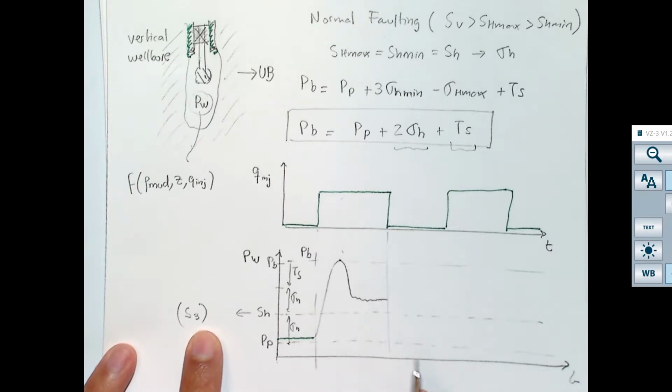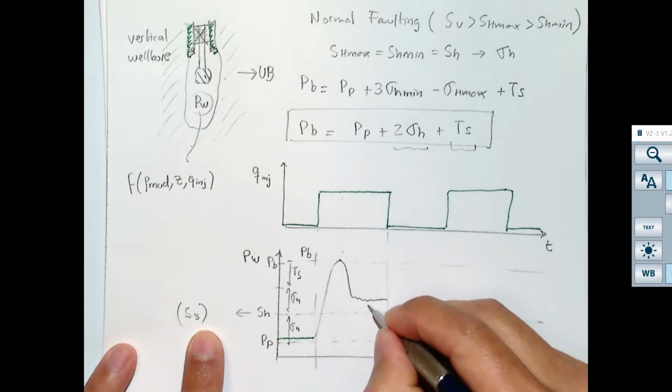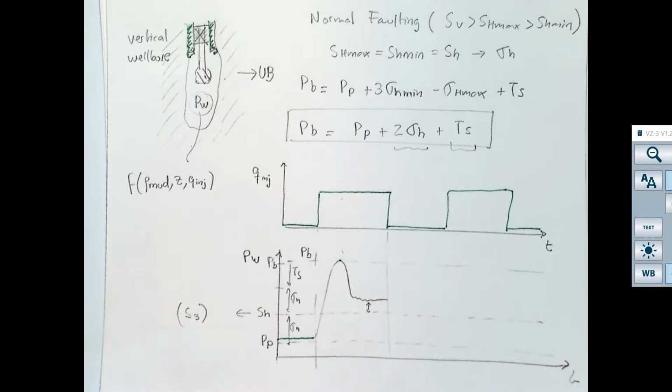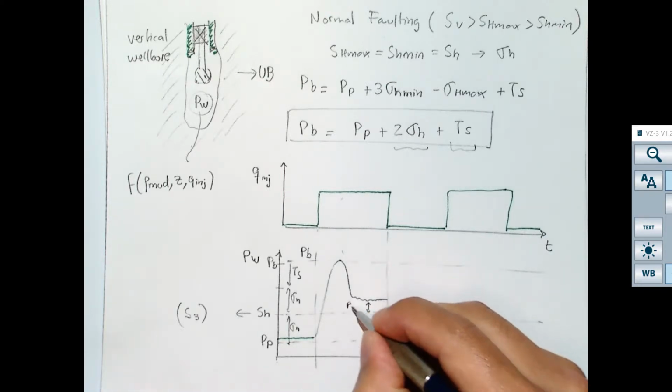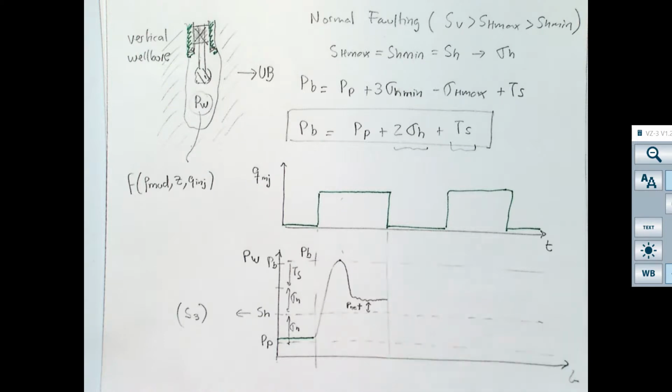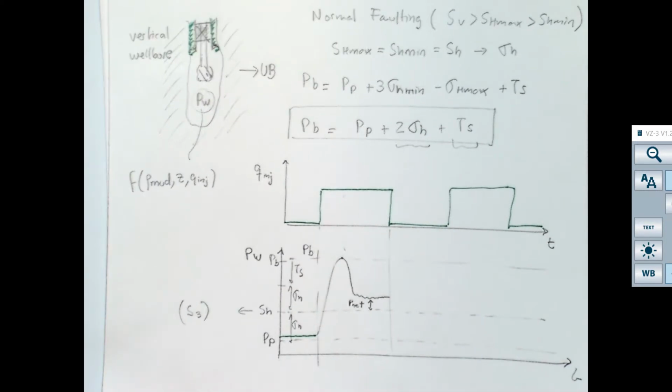And how much more? That depends on many factors, like the viscosity of the fluid, the properties of the rock, and a few more things. And we're going to call that additional pressure that you need for a fracture to propagate on top of the minimum principal stress, the net pressure.